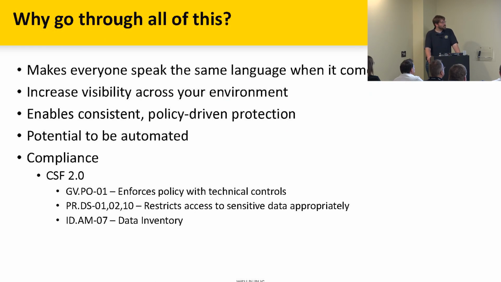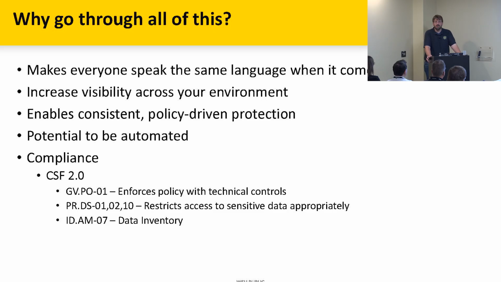And the other reason to go through all this is it makes everyone speak the same language when it comes to your data. Ours are put into 3 buckets, which I'll show here in a second: public, private, restricted. So it allows us to say, is this WSU private data? Is this WSU restricted data? We now have this common language that everyone can know, and based on what their documents are, they'll know what we're talking about, and we know what they're talking about.